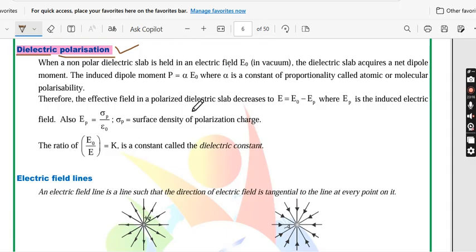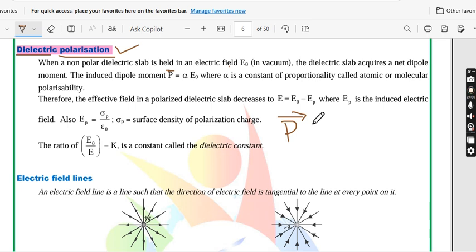Then what do you mean by polarization? Polarization is nothing but the dipole moment per unit volume. Dielectrics are non-conducting substances; in contrast to conductors, they have no charge carriers. But coming to the polarization, the dipole moment per unit volume is called polarization, and it is denoted by the letter P bar.